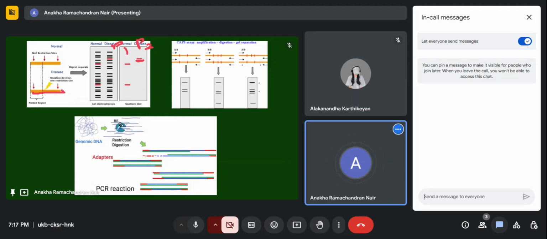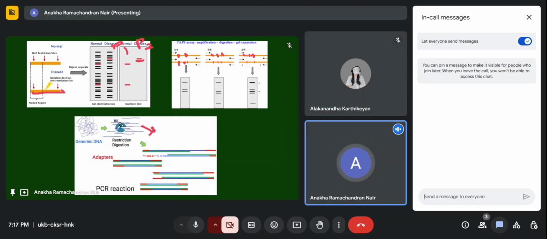Similarly, CAPS also is showing you something like this. So these red marks are the restriction endonuclease sites, right? And depending on the difference due to the change in a single nucleotide, you will get different bands, right? And again, AFLP also cuts using restriction digestion first, right, before you add the adapters.